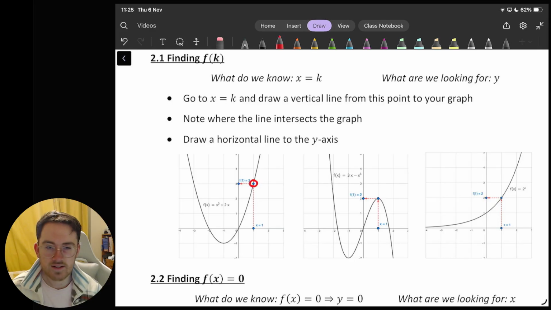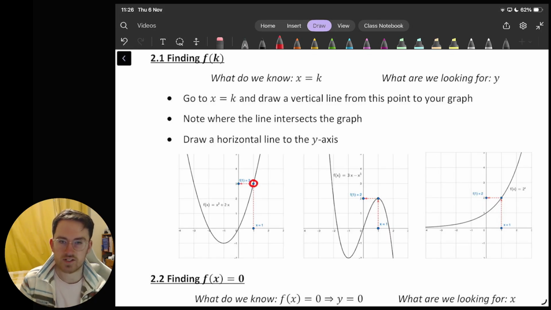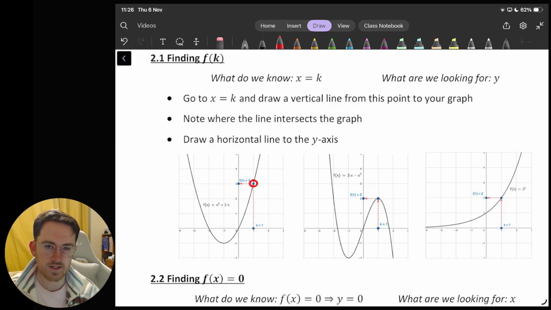So we go to the x-axis, we draw our line upwards, we draw our line across to the y-axis. And that should hopefully help us to make it really clear exactly what it is that we're doing. But we're essentially looking for the point on our curve, on our function, that has that corresponding x or y value as necessary. And that's going to largely depend on the type of function that we're using to some extent as well. But for the most part, that's what we're following.